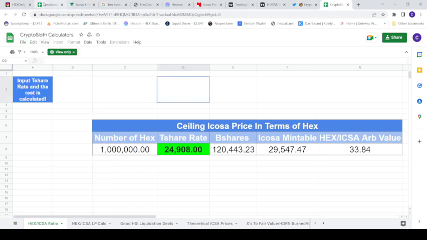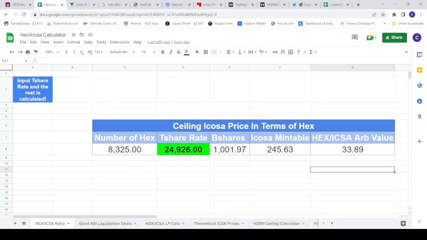So there's quite a few different calculators here. I'm just gonna get into a couple of them. Some of them are a little more complex, and you have to know certain specific data to get a calculation. But I'm just going to go over some basic ones that he has here.